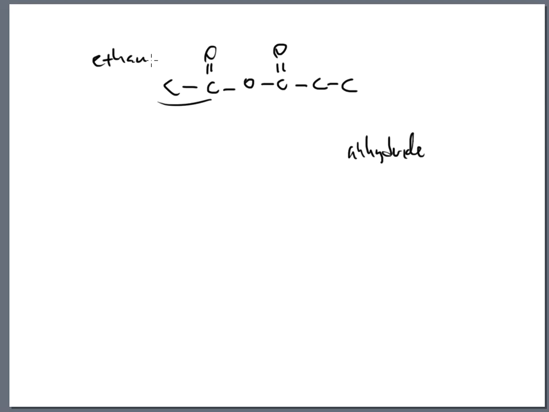Remember, drop the E and add oic, because these are carboxylic acid based. And then over on the right-hand side, this is a 3-carbon chain, so this is a propane. Drop the E and add oic acid. No, not acid here, because we don't have an acid, we have an anhydride. So there is the generation of the names that need to go in, and I need to put them in alphabetical order. So ethanoic and propanoic anhydride. That's all there is to it.